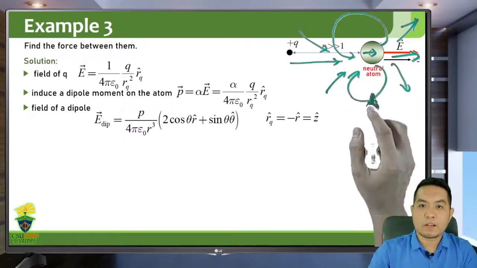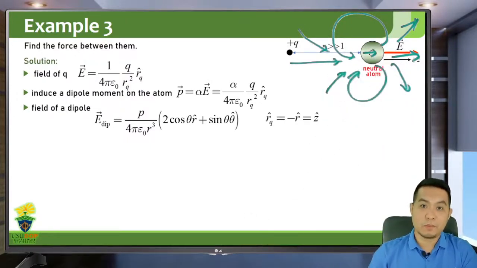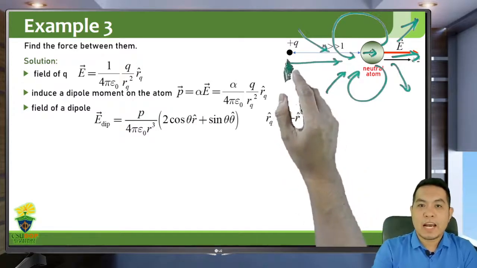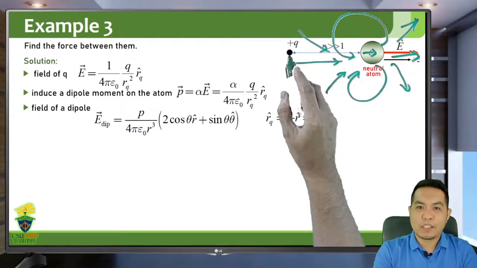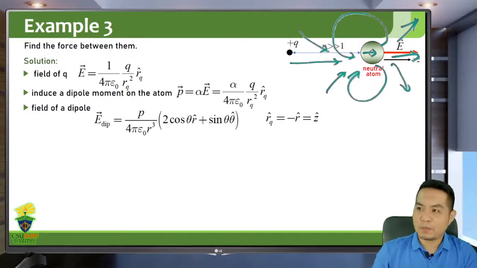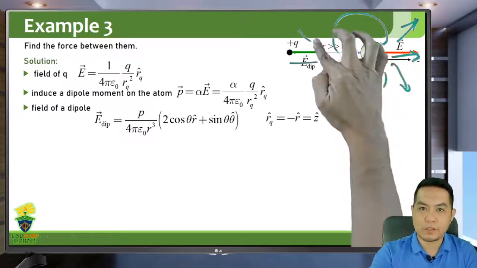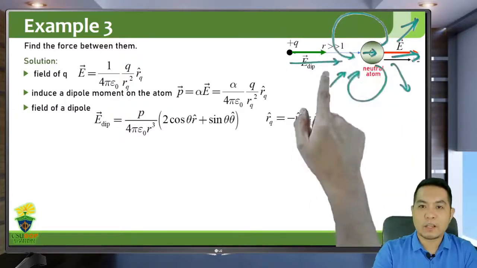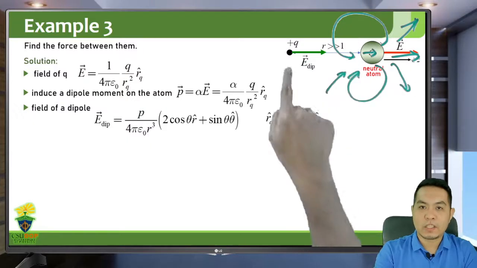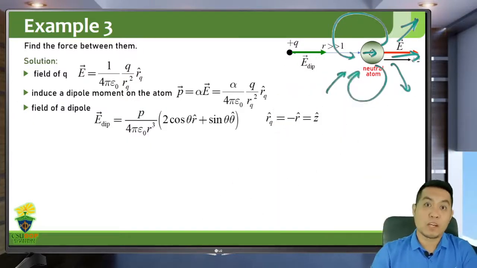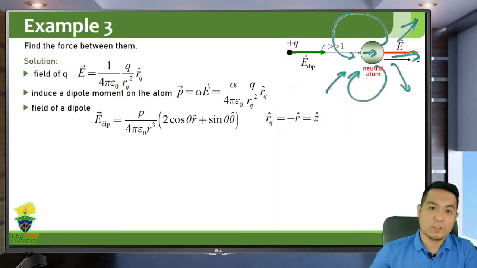So this is the electric field of a dipole. At the location of Q, the electric field of this dipole is actually in this direction. So at the location of Q, the electric field of the dipole is actually towards the dipole.